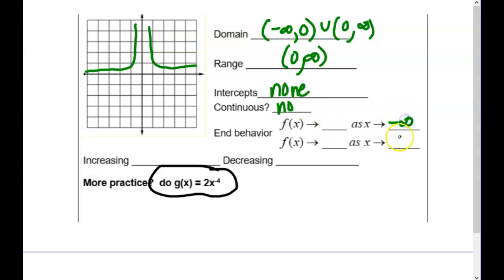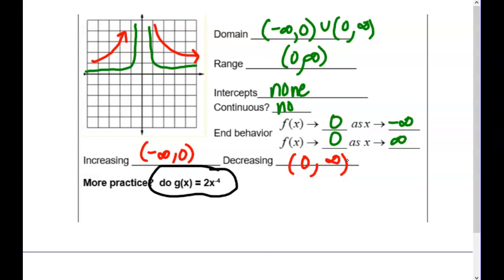Both the left and right get closer to what? 0. But what's happening? This side is increasing from the left until you get close to 0, and this side is decreasing from 0 to the right.